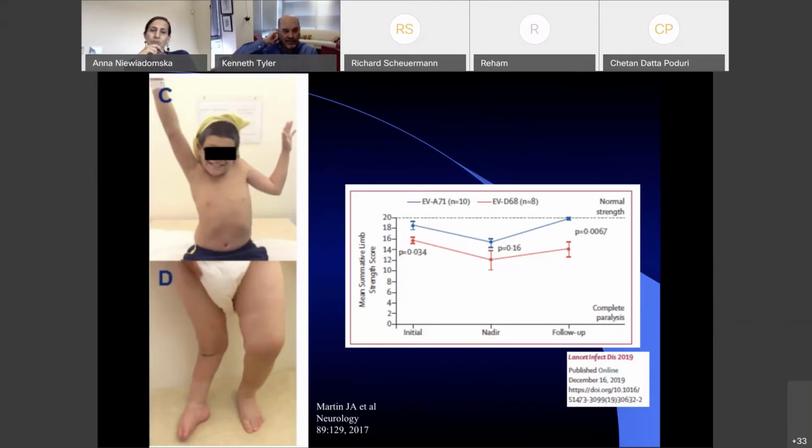And then in panel C there, again in about a 1-year-ish follow-up, this boy is being asked to raise both of his arms above his shoulders, and you can see he gets his right arm up great, but cannot even get his left arm up to 90 degrees. So this was a pretty dramatic illness where at least the Enterovirus D-68 associated cases often had a relatively modest improvement. Next slide.